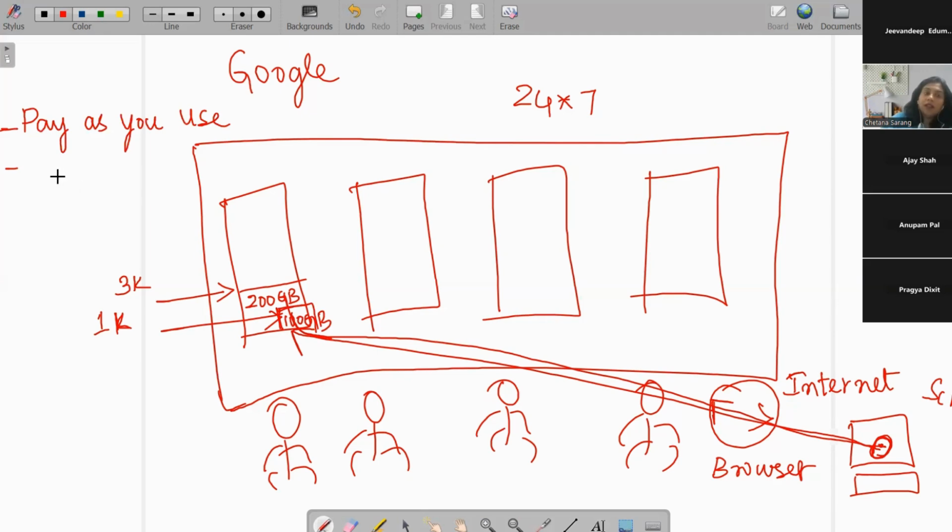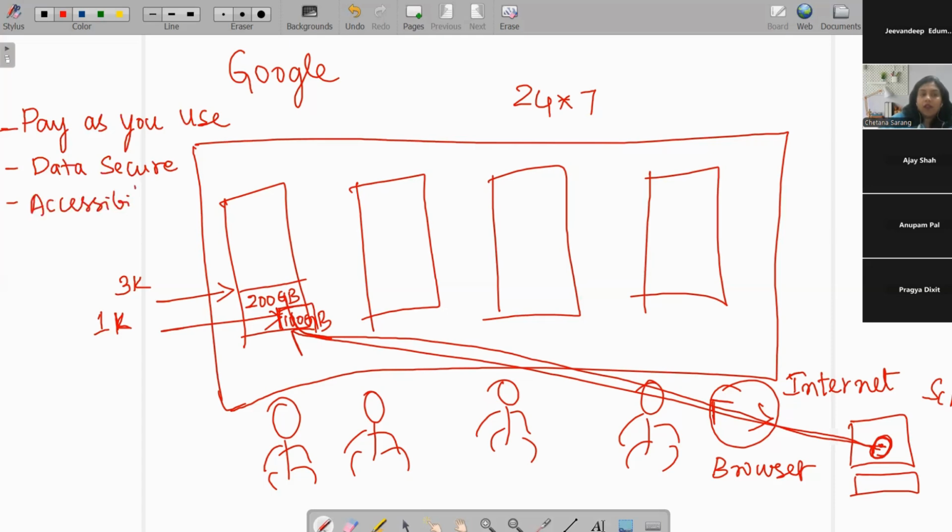And the other advantage is that our data is secure. It's Google's headache how they manage these servers 24/7, how they are monitoring, how they are managing. I don't know, but I'm very sure that data is secure. I don't lose my data. And then accessibility.